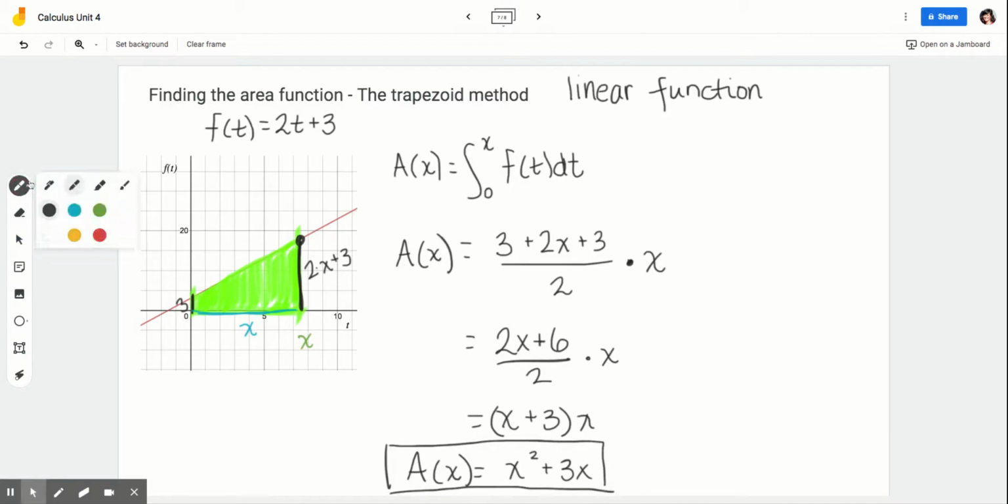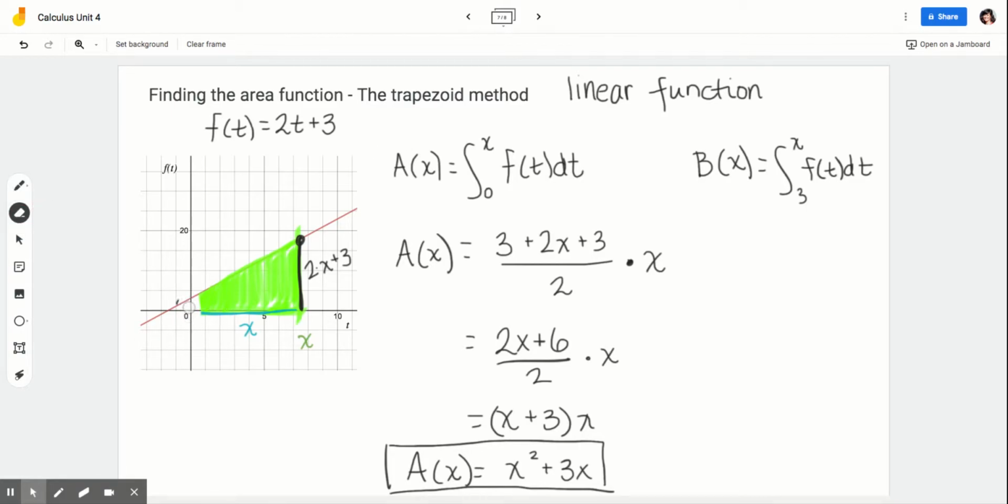Now, what we want to consider is what would happen if instead I want to find a different area, and instead of starting at 0, I start at 2, and then I end at x. We're not always going to start at 0. We're going to try to find areas under curves where our bounds aren't from 0 to whatever number. So I'll erase this little piece right here.